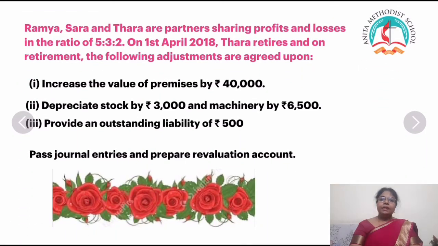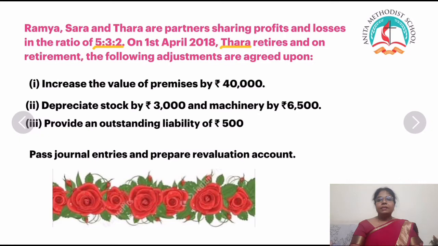Now we will see how to pass journal entries and prepare revaluation account. Ramya, Sarah and Tara are partners sharing profits and losses in the ratio 5:3:2. On 1st April 2018, Tara retires.